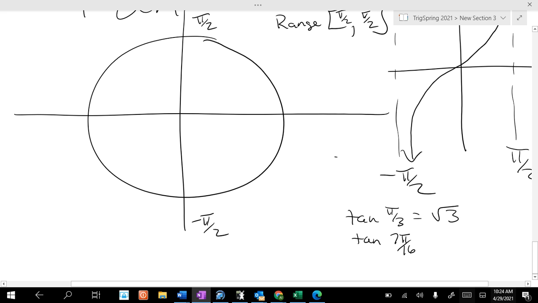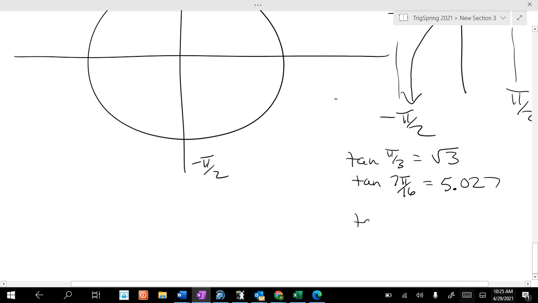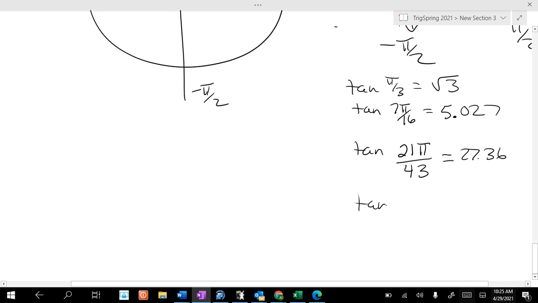You can do it on your calculator if you're in radian mode. 7 times pi divided by 16. 5 point what? 027. Let's take the tangent of 21 pi over 43. 27.36. What's 21 over 43 really close to? 1/2. Let's take the tangent of 99 pi over 200.